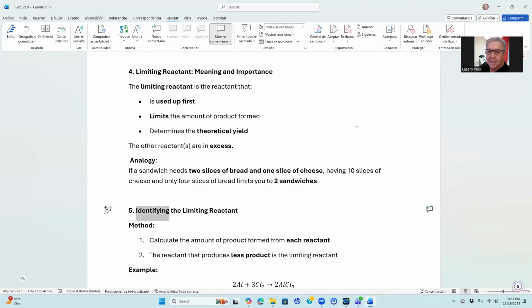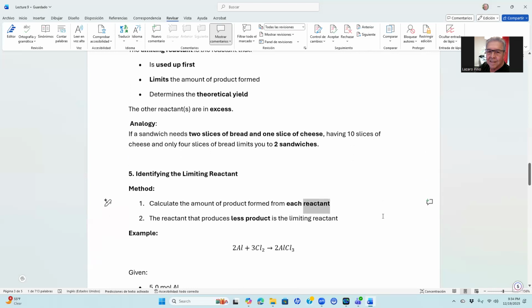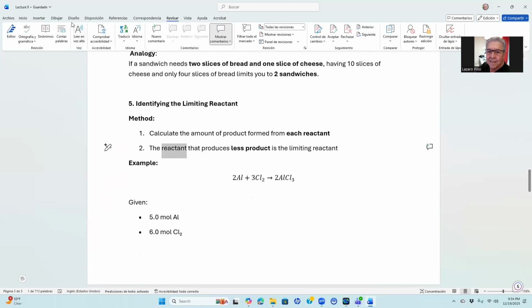5. Identifying the limiting reactant. Method: calculate the amount of product formed from each reactant. The reactant that produces less product is the limiting reactant. Example. You have this reaction. Aluminum reacts with chlorine to form aluminum chloride.